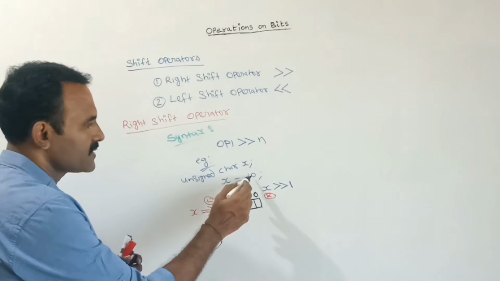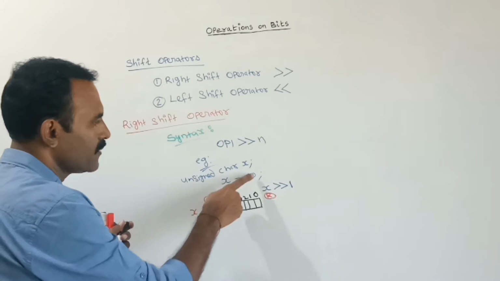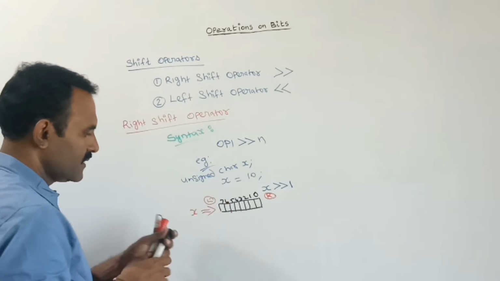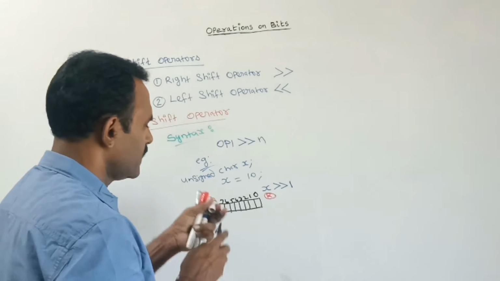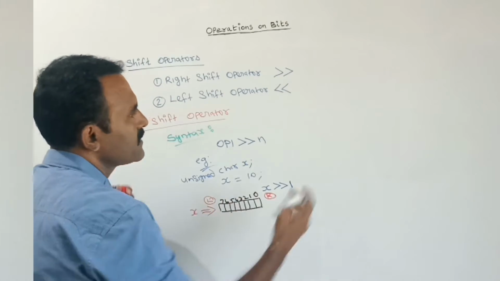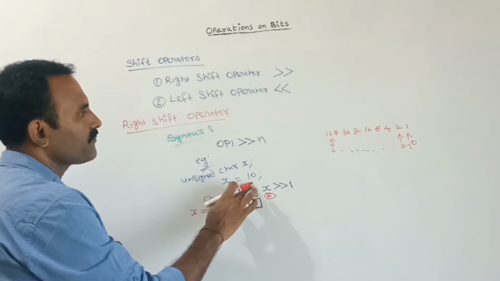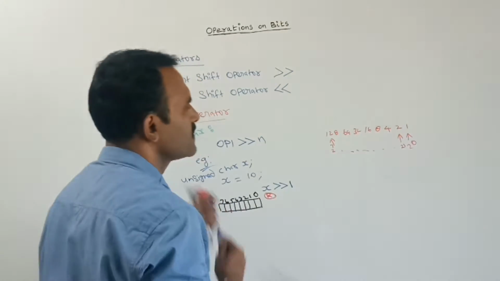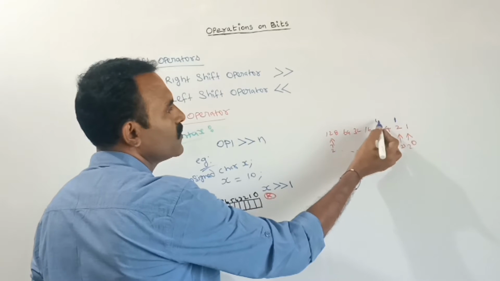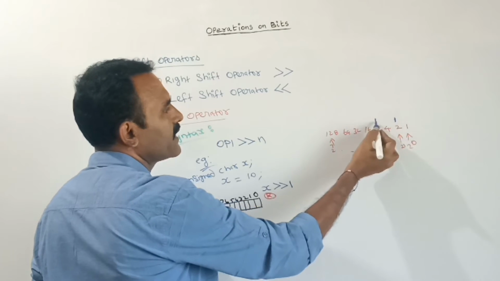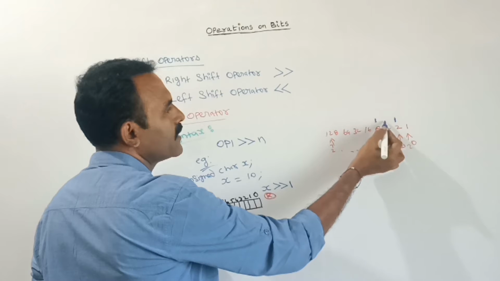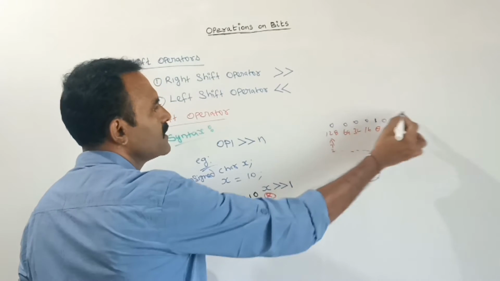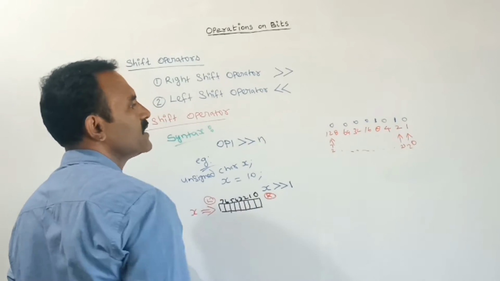While storing this 10, the binary number will be stored in the memory. So what is the binary number of this 10? We can convert the binary number like this. For the 10, we can form the binary number in this way. Here 8 and here 2, we can use the binary value 1, and the remaining digits we can put as 0. Among these 8 digits, 8 plus 2 is equal to 10.